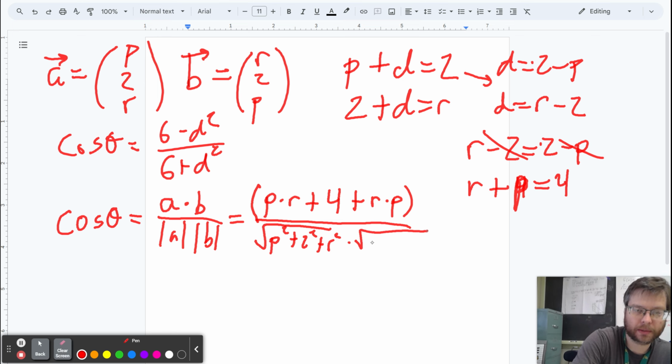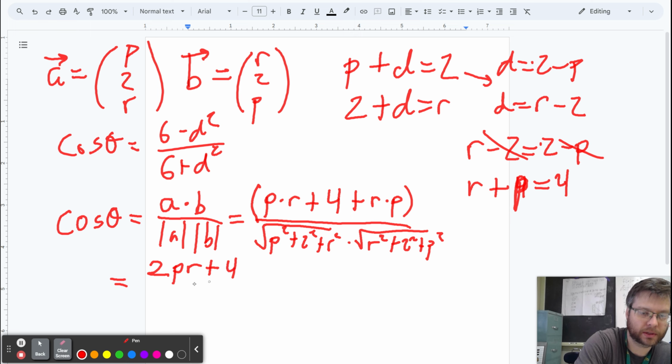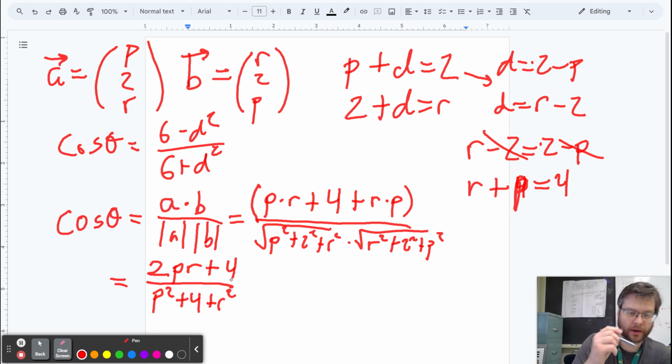And magnitude B is the same darn thing, just written in the reverse order. So if we simplify that, on the top we have 2PR plus 4. And on the bottom, we have square root times square root, so they cancel out: P squared plus 4 plus R squared.